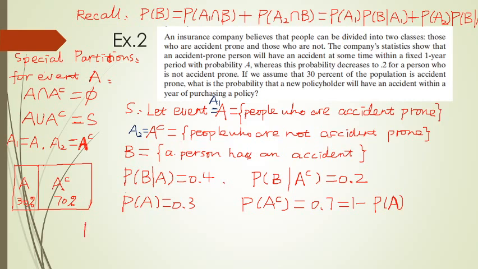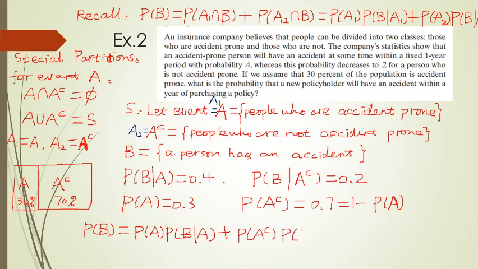That makes sense. We divide the people into two classes, that is the partition. Now it will be much easier to work out the probability that a randomly selected policyholder has an accident, according to my formula. That will be P(A) times P(B given A) plus P(A's complement) times P(B given A's complement).